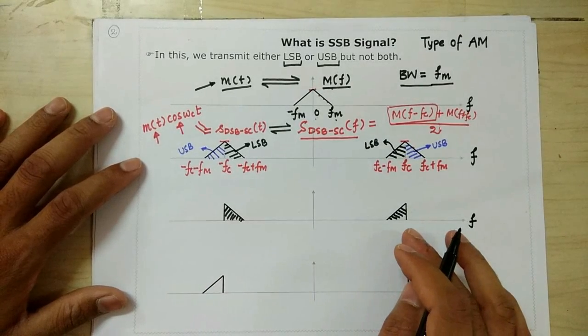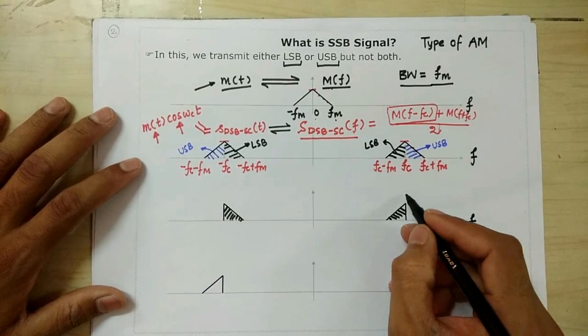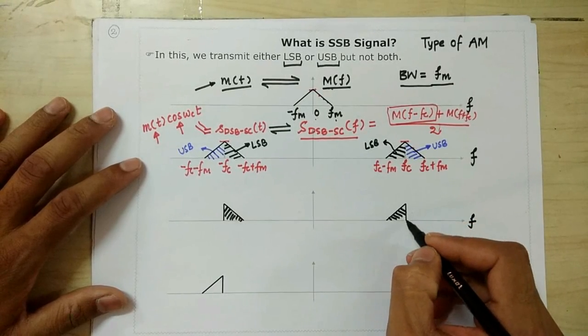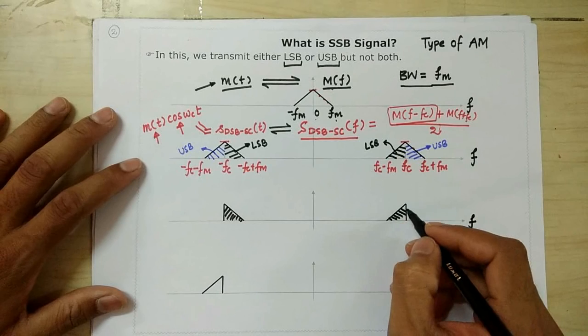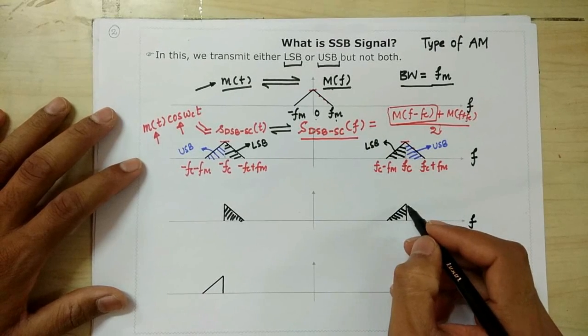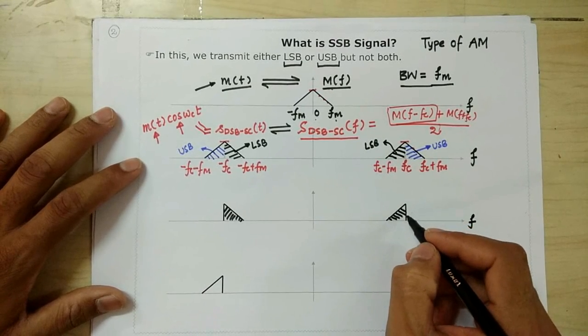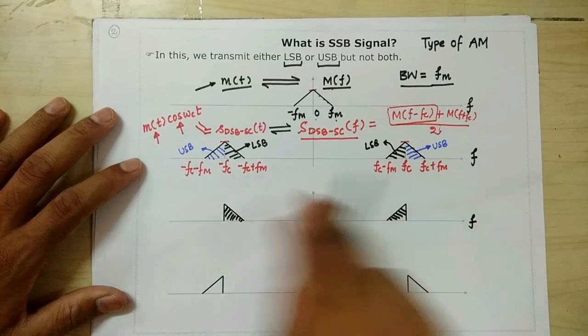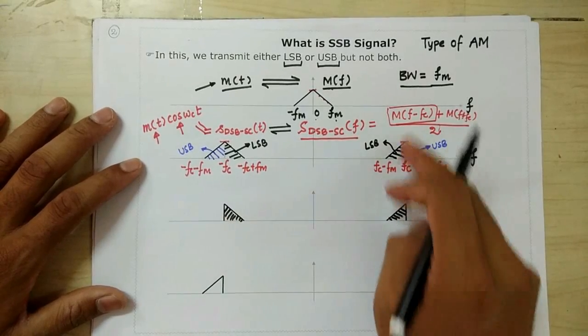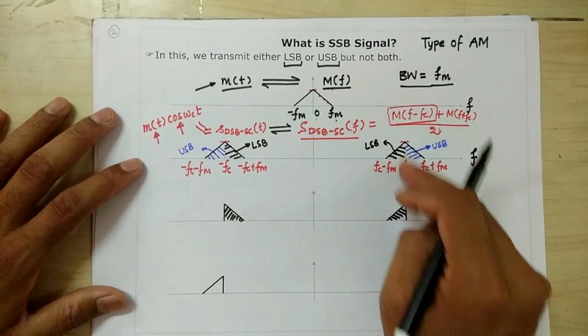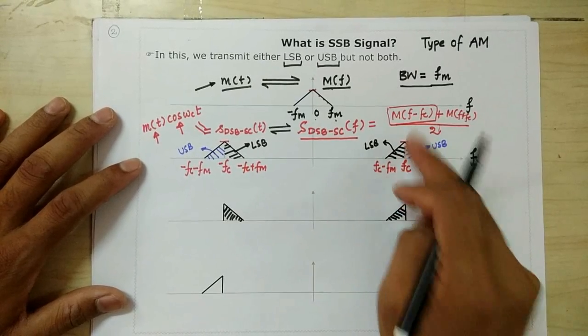More specifically, since I don't have a discrete component of the carrier, it is an SSB-SC signal, because the carrier is not present separately in this signal. In DSB-SC there is no component at the carrier frequency.